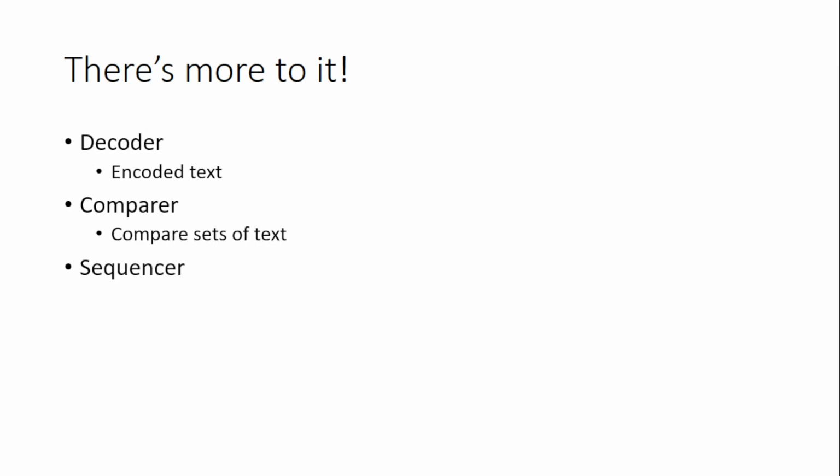There's also decoder that can be used to encode text and decode it. Then there's comparer, which compares sets of text. And finally, there's sequencer, which analyzes randomness of captured tokens.